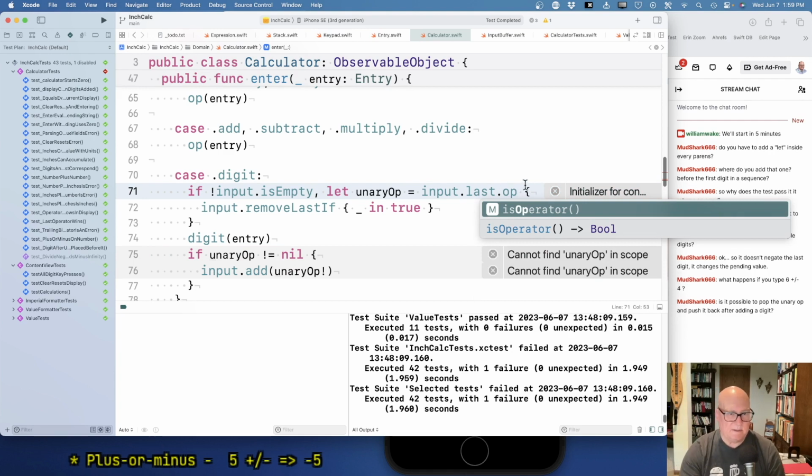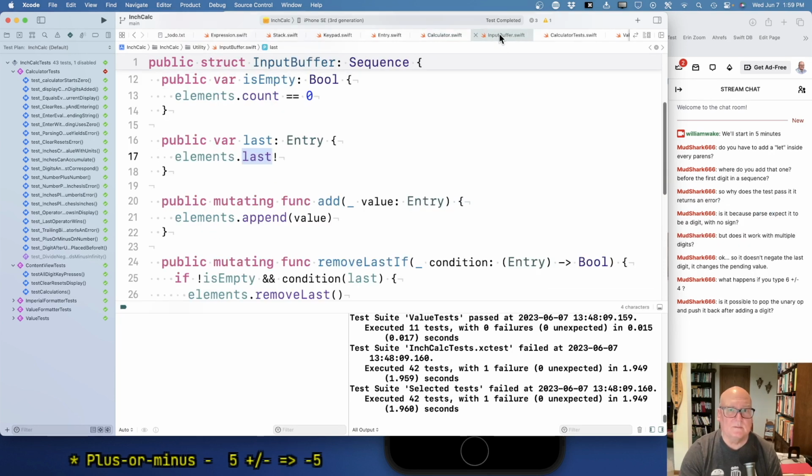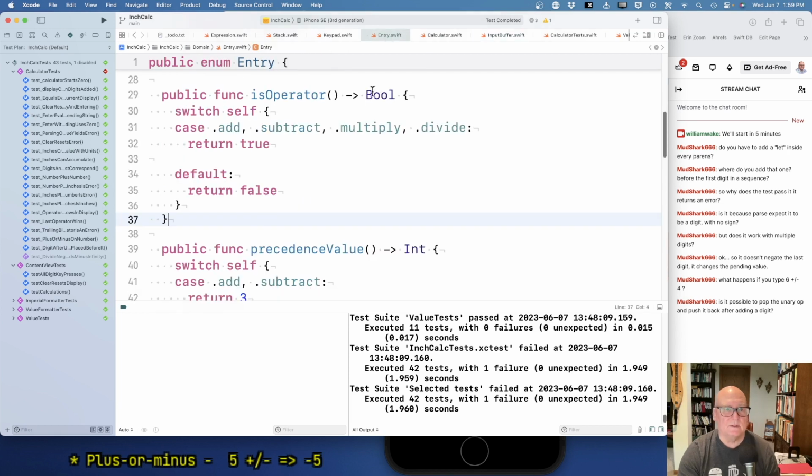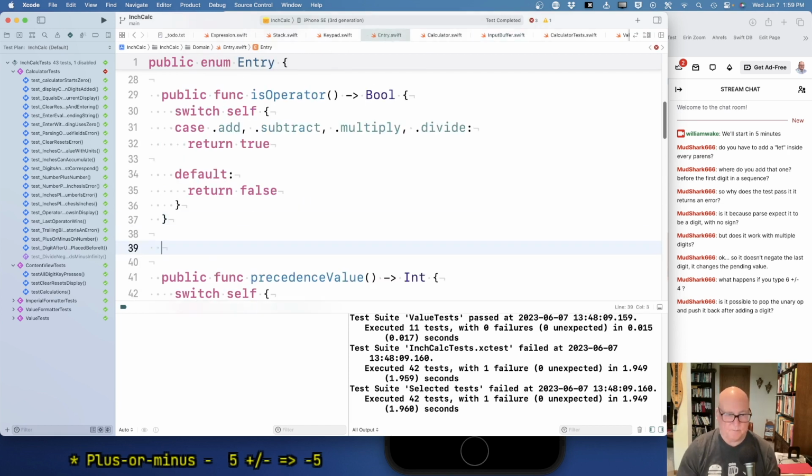Okay, and that's going to be an optional value. All right, so input buffer, no, entry op. His type is operator optional.